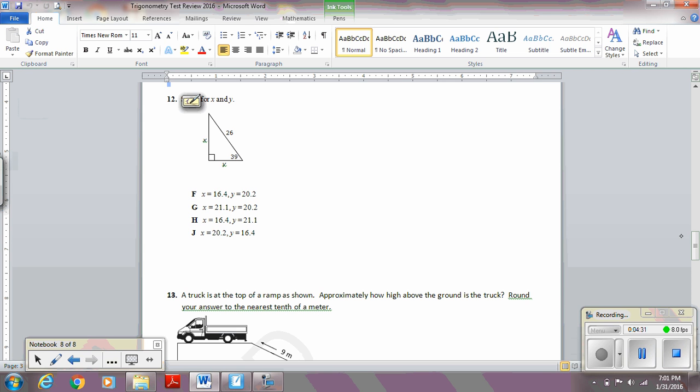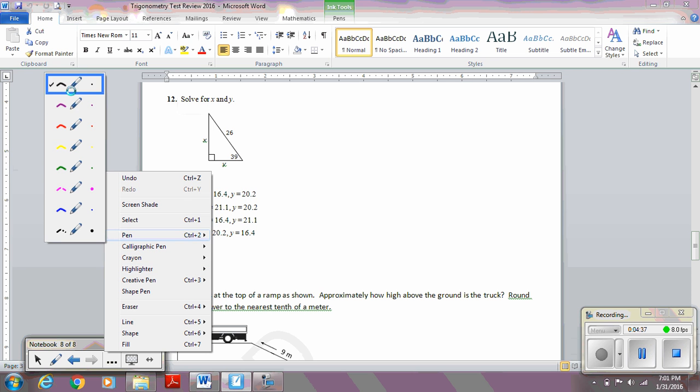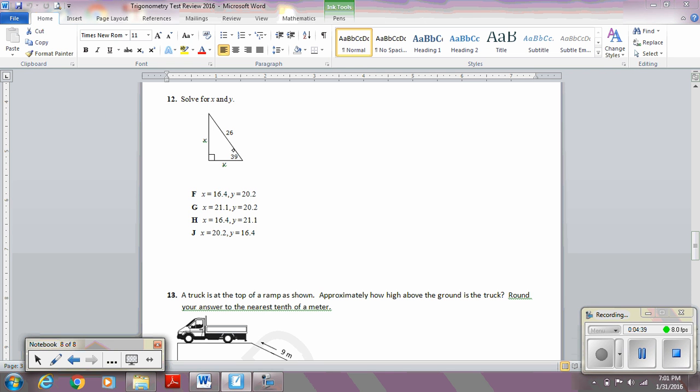Number 12 would like for us to solve for x and y. It only highlights one angle, and I'm going to use this one angle to answer both questions. X is opposite of the angle, 26 is the hypotenuse, and y is adjacent to the angle.